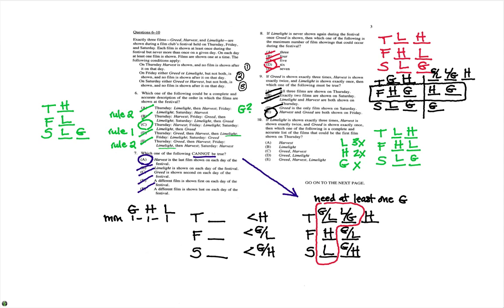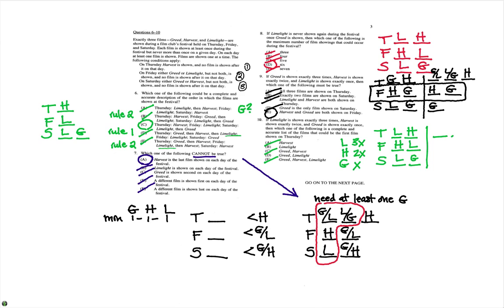If Limelight shows up 3 times, Limelight shows up on Thursday, and if something else shows up on Thursday, Harvest would be after it, so it's impossible for Harvest to be the first film on Thursday, which allows us to eliminate A, C, and E. So we've shown that Limelight could come first, B, so really the question is, is it possible to have Greed come first on Thursday?